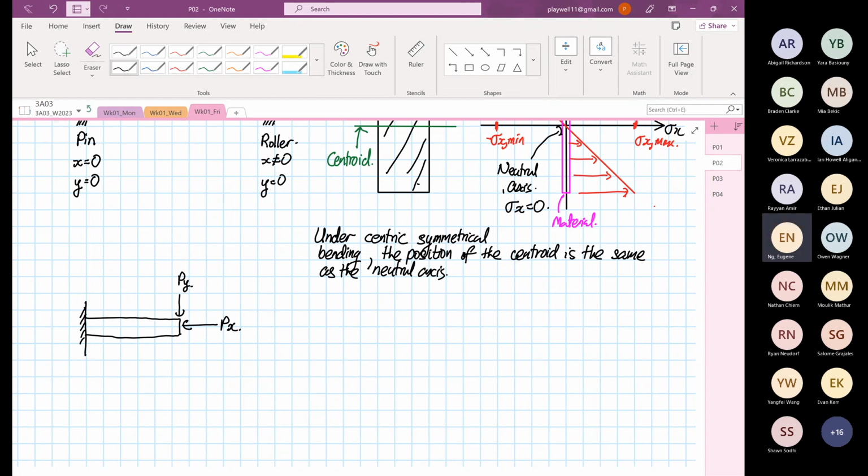This will be our point A and this will be our point B, and this structure will likely fail at point A. So at A, we know that we have a moment about the z-axis, and we also have a reaction force known as what? AX. So the normal stress in the X direction at point A is equal to PX over A minus MZ over IZZ times Y.